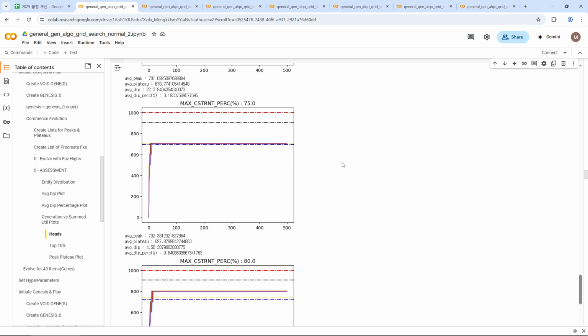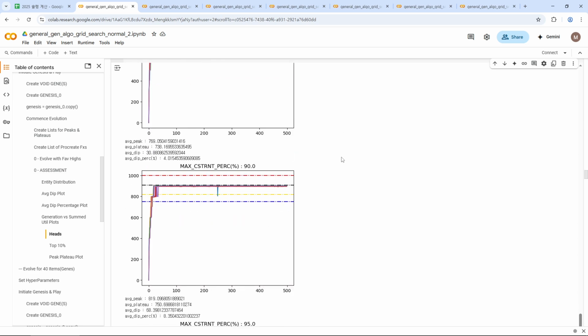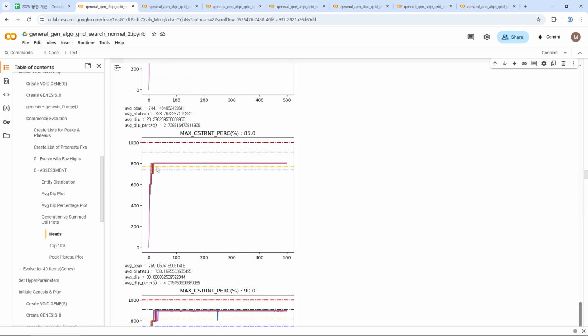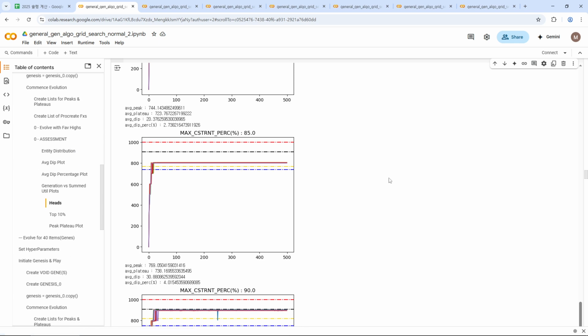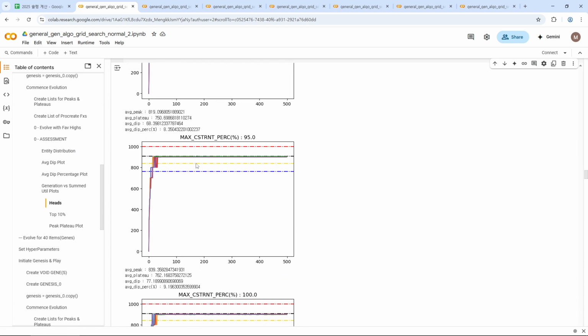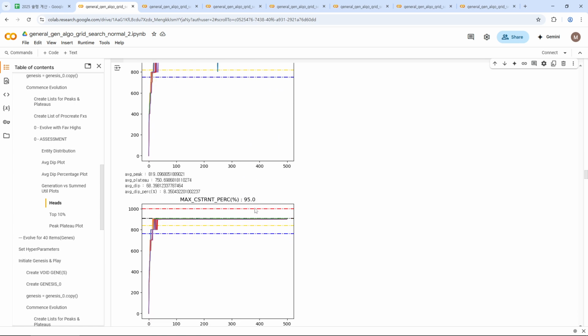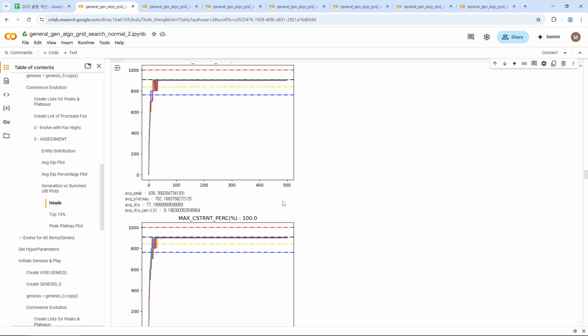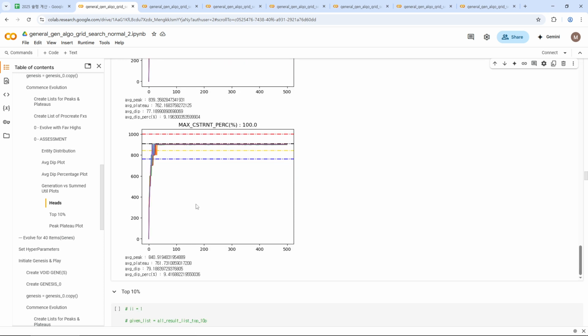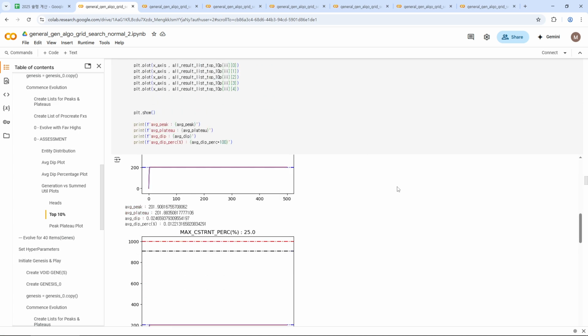We see things happening. Again, the plots are very flat because we only have 10 items. 95, yeah, at 95 we hit the black dash dotted line, maybe at 100 as well. So 90, 95 and 100, we look at those.